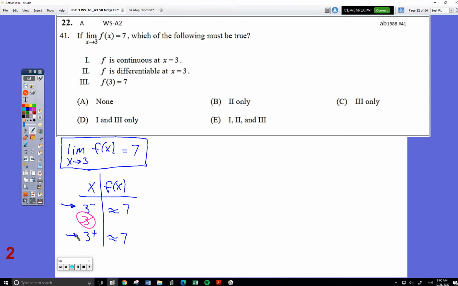So now we can look at the questions. It says, is f continuous at x equal 3?